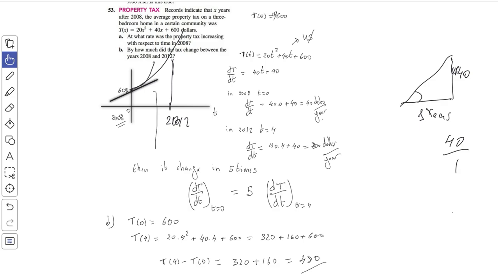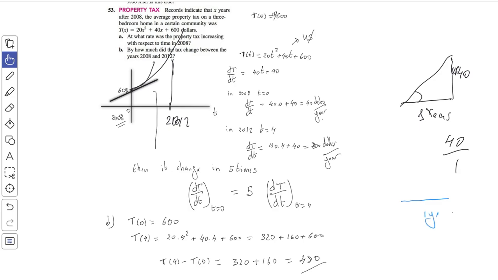Well, you take the derivative and evaluate at t equal 4, and you will have that the derivative of T with respect to t evaluated at t equal 4 is $200. So in 2008 you start with a straight line with a slope of $40 per year. But in 2012, your graph will be like this.